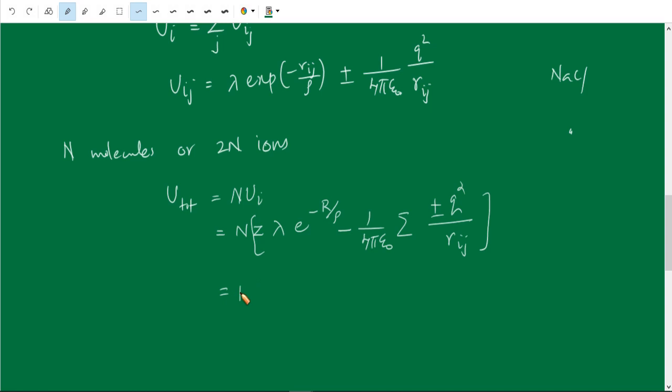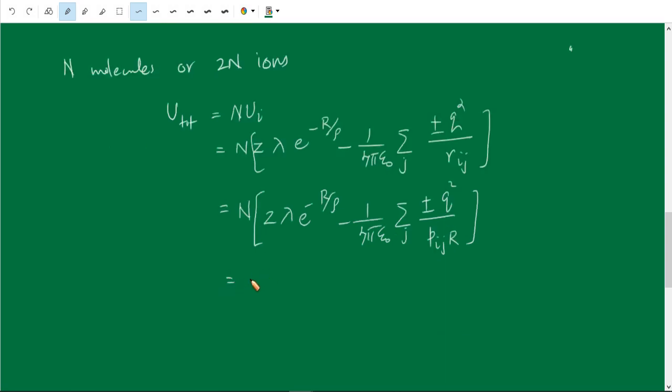This is equal to n times z lambda e raised to minus r by rho minus 1 by 4 pi epsilon 0 times the summation over j of plus or minus q square by rij. In terms of the nearest neighbor distance, rij can be written as pij into r.